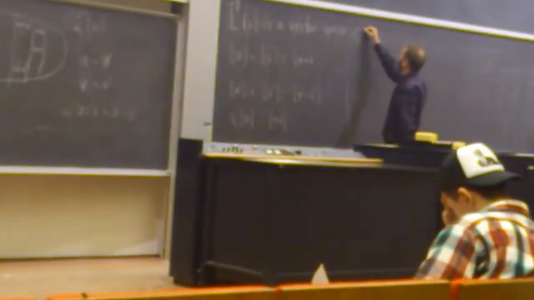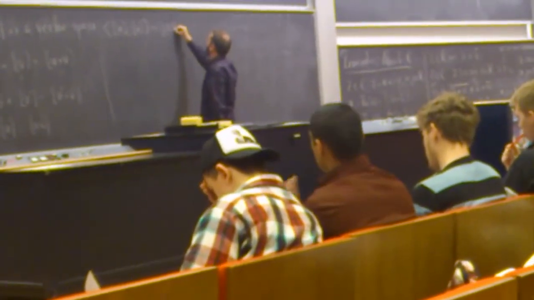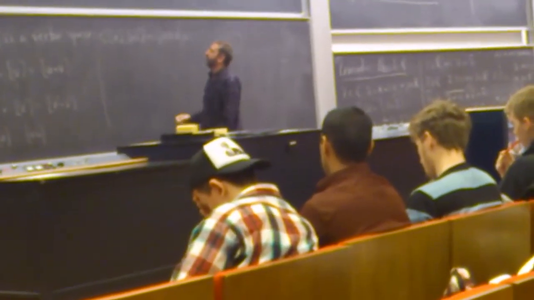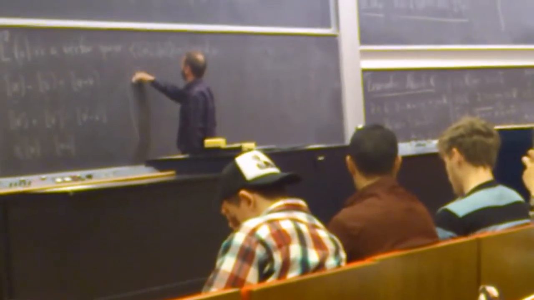Then the next thing we do is define an inner product. The inner product of two slices is going to be this. And again, suppose instead I had used different expressions.